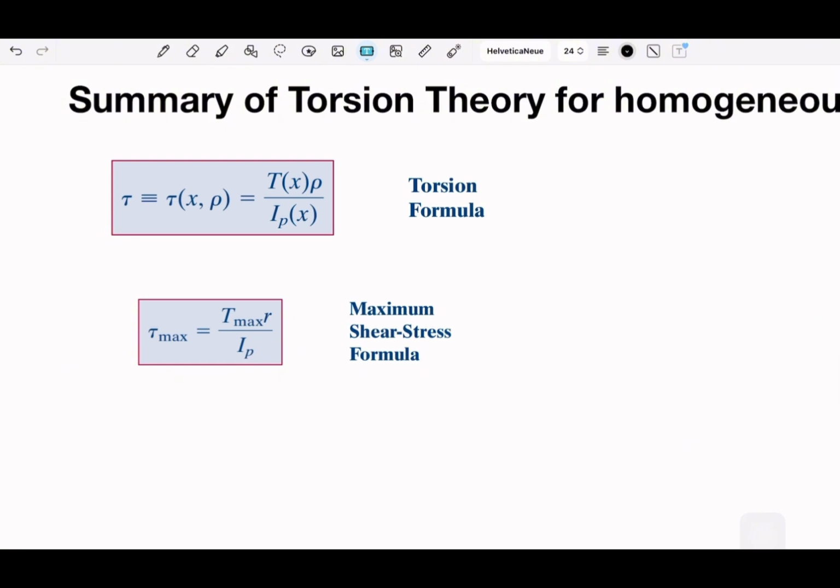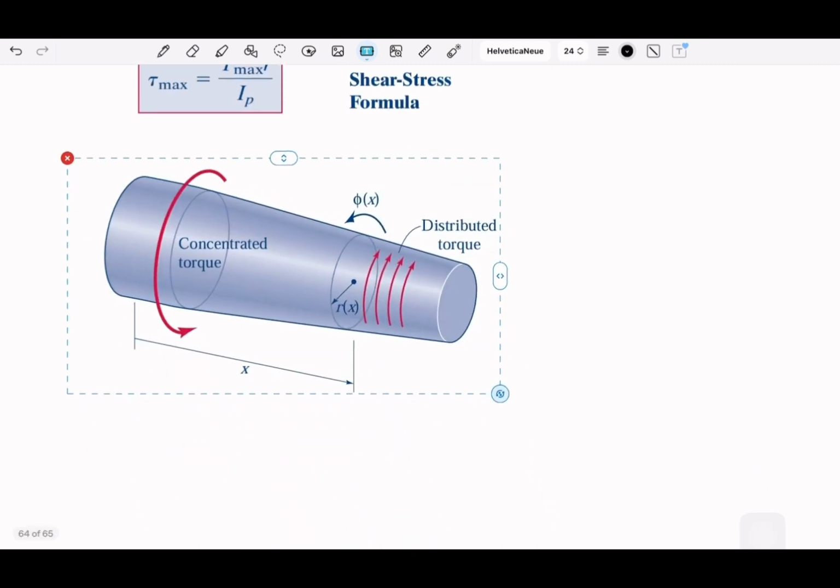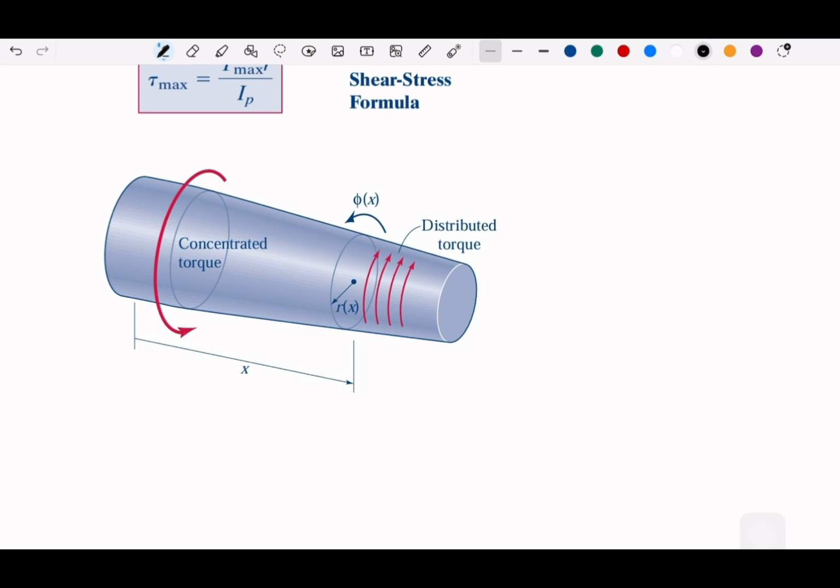And sometimes the torque, the modulus, and the polar inertia can vary with x. It can vary with x. And we can also have a variation in terms of radius. For example, if we look at this, the radius is different for each section, each part of the axis.